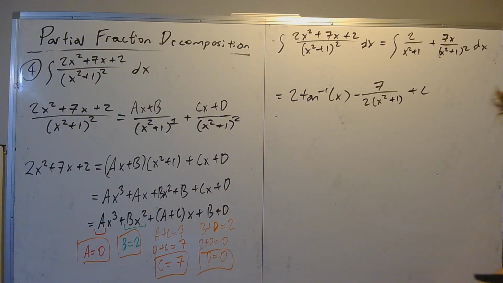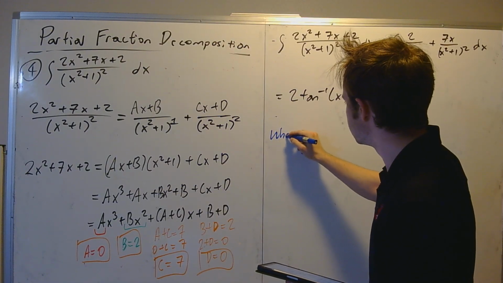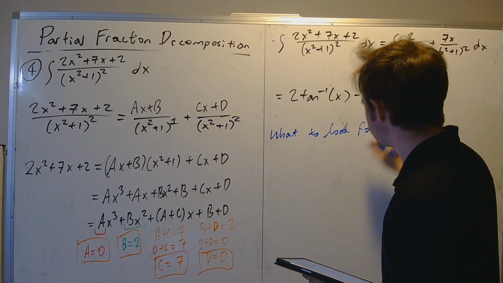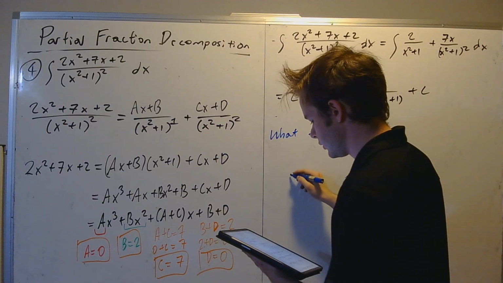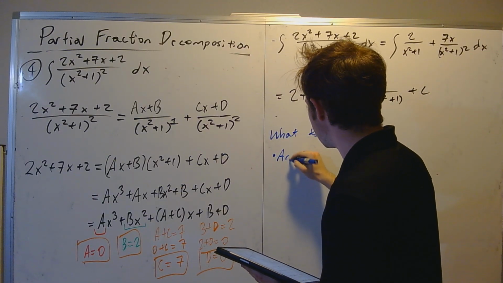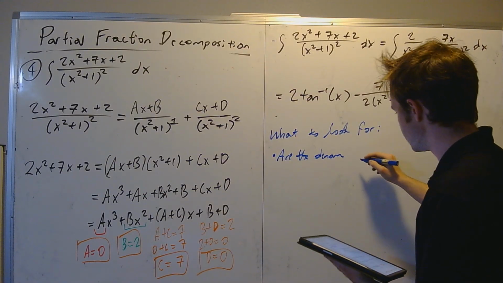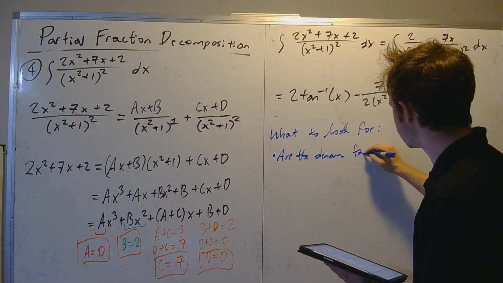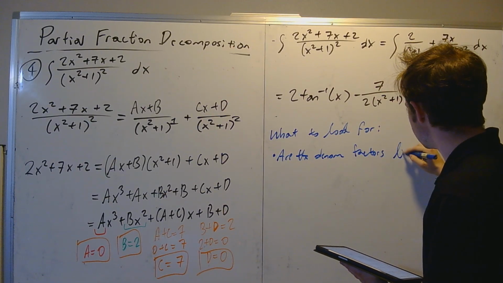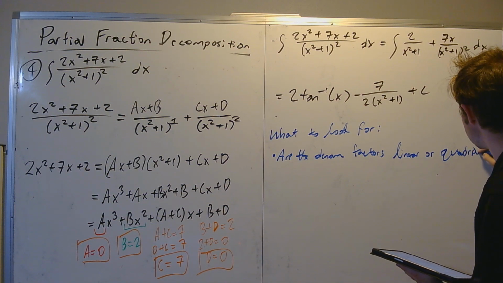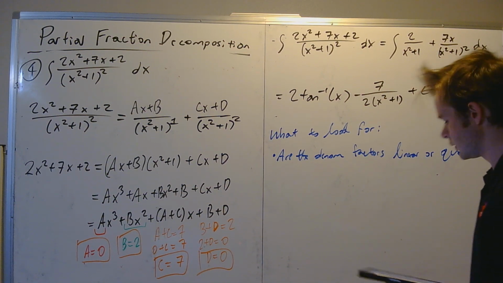Okay, so let's just do a bit of a recap. So what to look for? So we have to say, are the denominator factors linear or quadratic? Right?